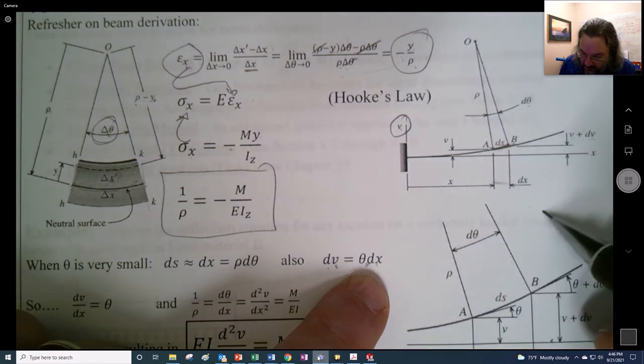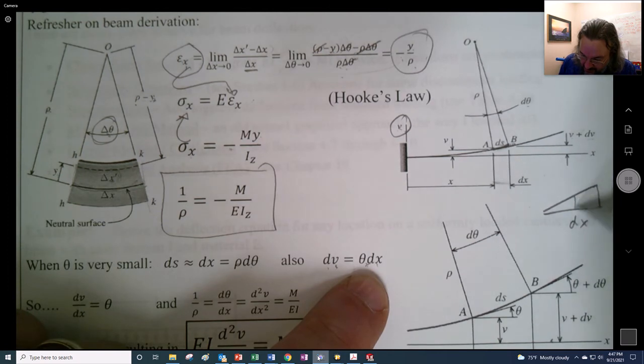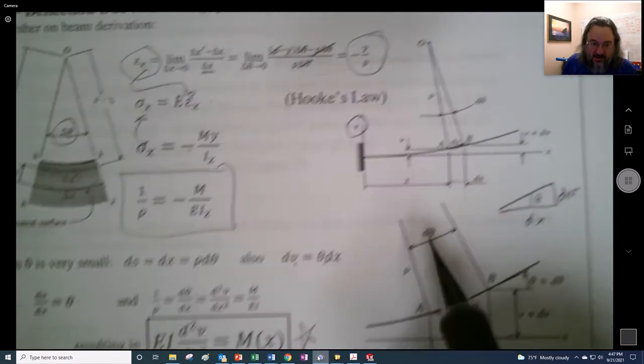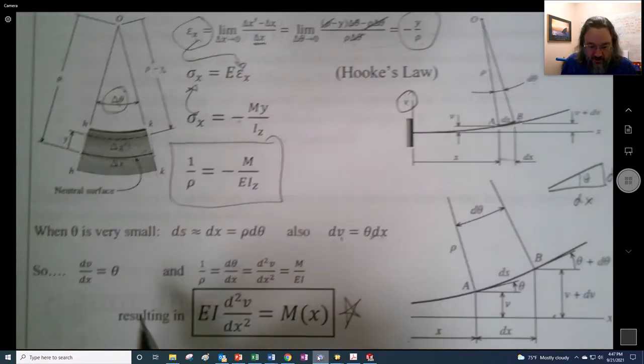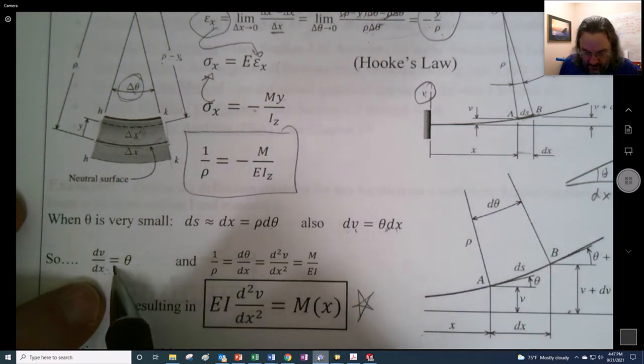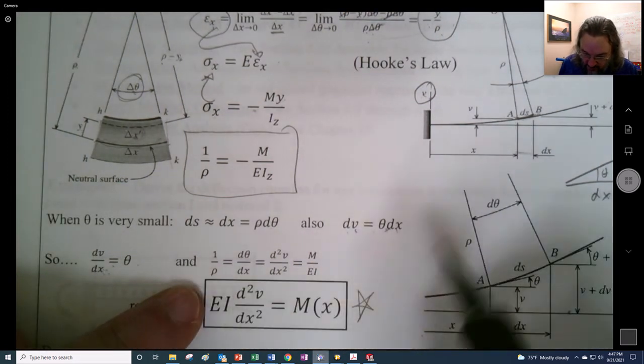So all we're really saying is here's dx, here's theta, and here is dv. It's really just the slope of the same thing. So this is really just understood as part of the thing.